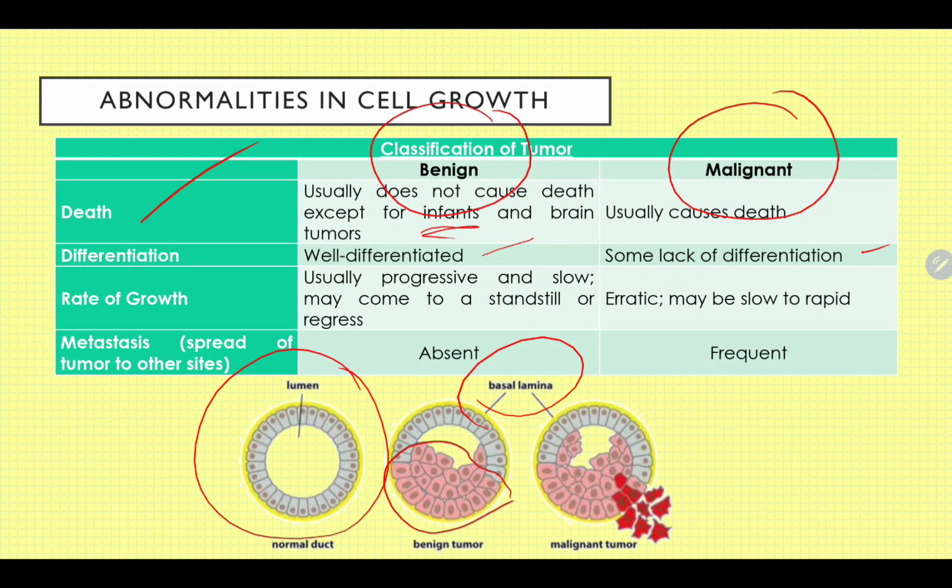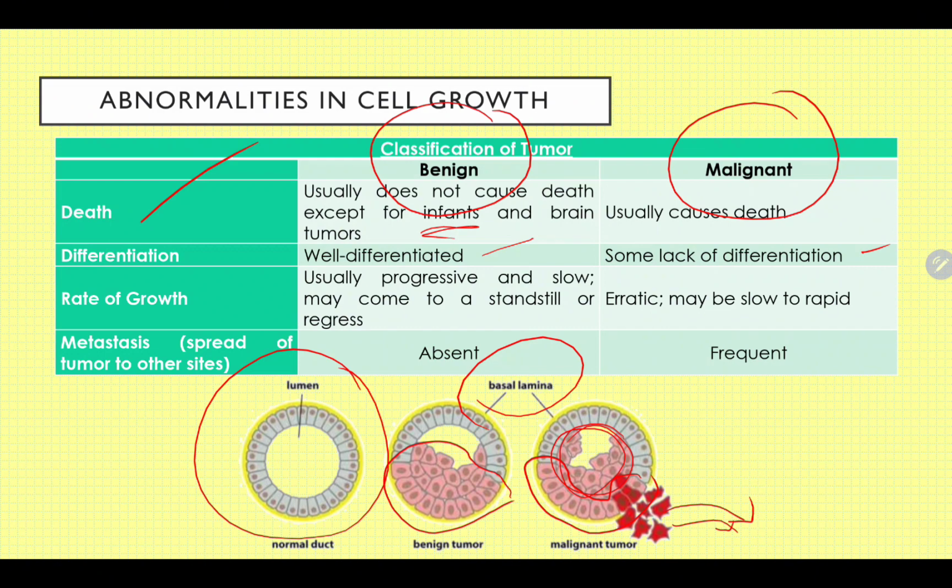They stay there, they just grow. While in the malignant tumor, guys, it tends to overcrowd the cells because they compete, and these other cells undergo necrosis. Meaning they die, causing the fast spread to other areas.